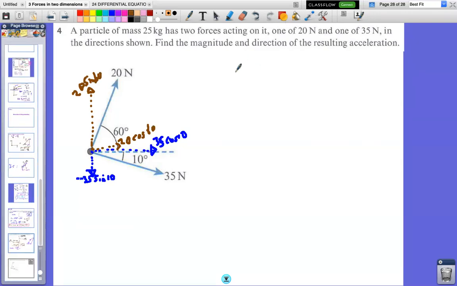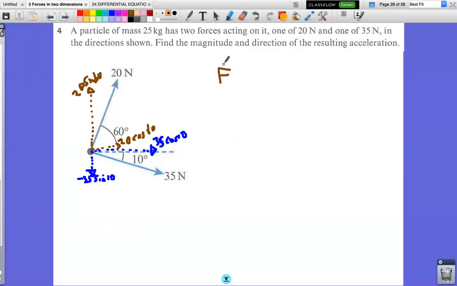So your resultant force, F, will be equal to the sum of the forces in the x direction, which is 35 cos 10 plus 20 cos 60.